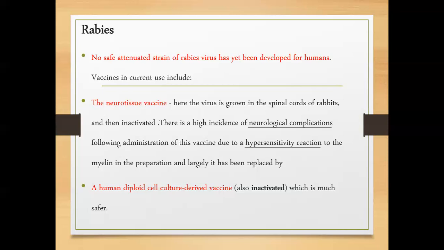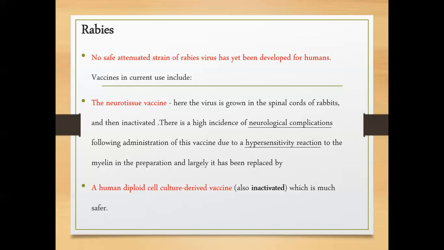What type of vaccine is it? Let's see. No safe attenuated strain of rabies virus has yet been developed for humans. They haven't made any type of vaccine which is very safe for humans.